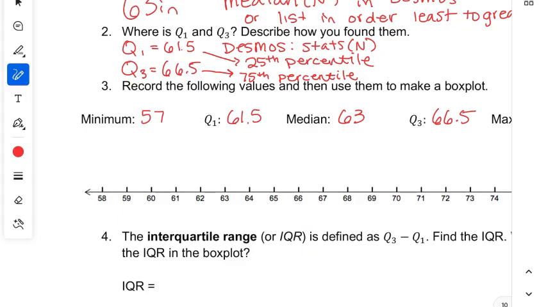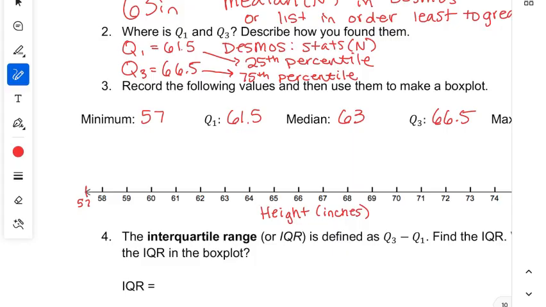And let's make our box plot. So we start with a dot at the minimum. They don't even have 57 listed here, so we need to go ahead and put that on our number line since it was left off.